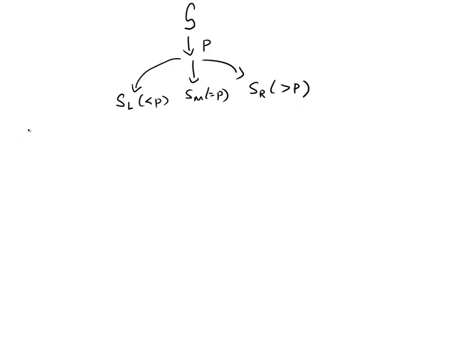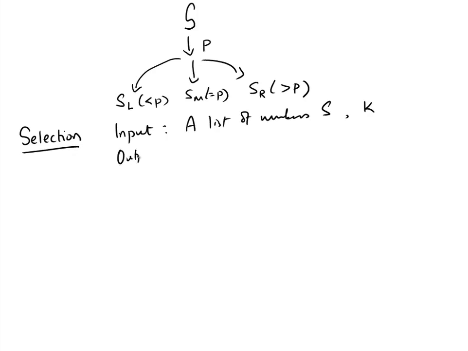For example, there is this famous problem called selection, where you're given an input, a list of numbers S, and a number K, and you're asked to find which of these numbers is the kth smallest number in S. The selection problem, by the way, if you are given a list of n numbers, then in fact the median is the kth smallest number, where k is roughly n by 2.